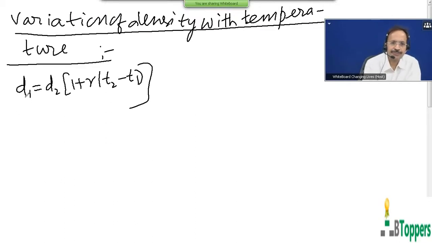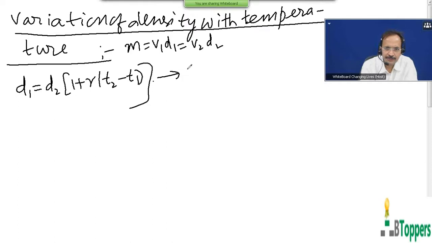Here if D1 represents the density of this substance at temperature T1 and D2 is the density of the substance at temperature T2, then D1 you can write as D2 into 1 plus gamma into T2 minus T1, where gamma is the coefficient of volume expansion. So I have written two equations which are applicable both for solids as well as liquids, that is 1 and 2.